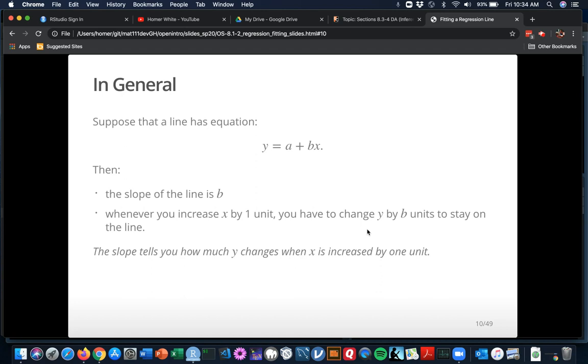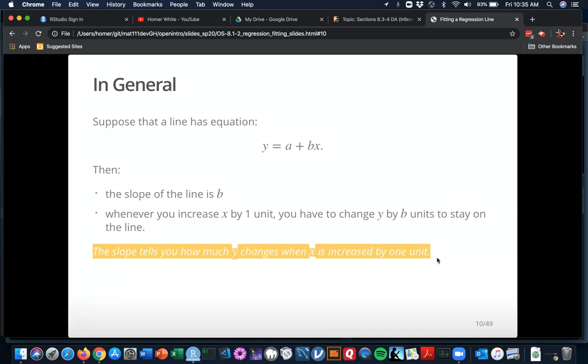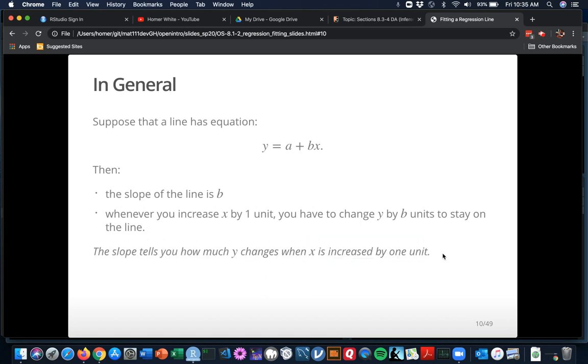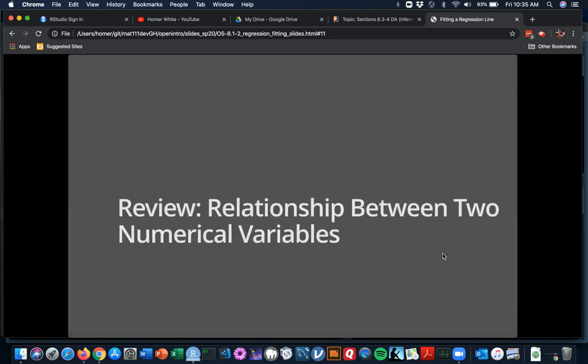If the slope is negative, you're going to have to decrease y. But either way, you're going to have to change it, and the amount you change it by is that b amount. So a way for you to interpret the slope for yourself is this: the slope of a line tells you how much y changes when x is increased by 1 unit.